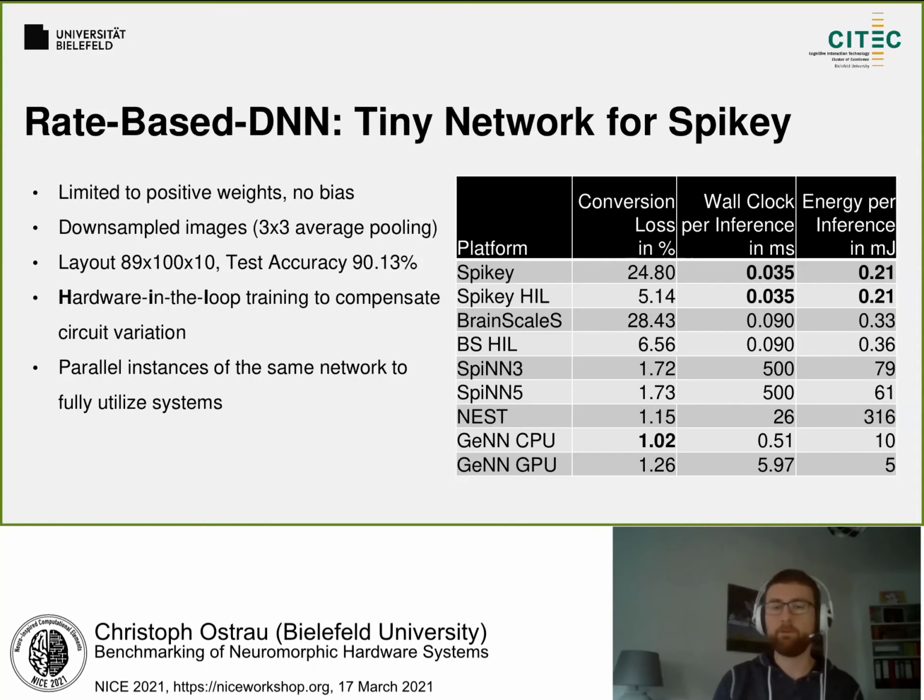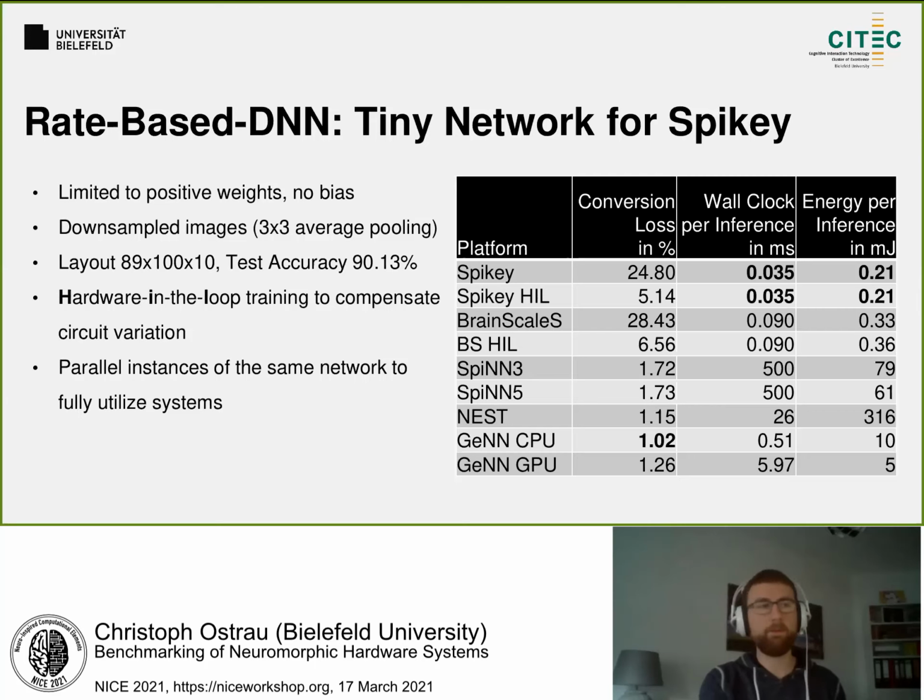One very small rate-based deep neural network is really suited to be put onto Spikey, with some limitations like only positive weights and no biases. The conversion loss is quite high in the direct conversion process. However, we can recover some of the accuracy by doing hardware-in-the-loop retraining.